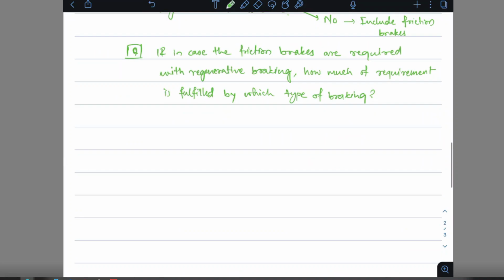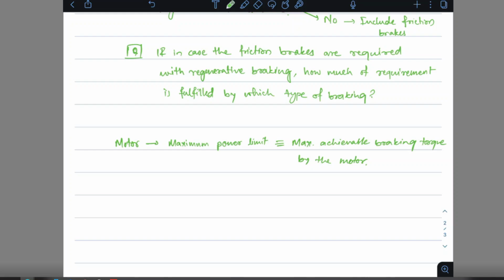There will be a maximum power limit on the motor, which would translate to a maximum value of achievable braking torque by the motor.